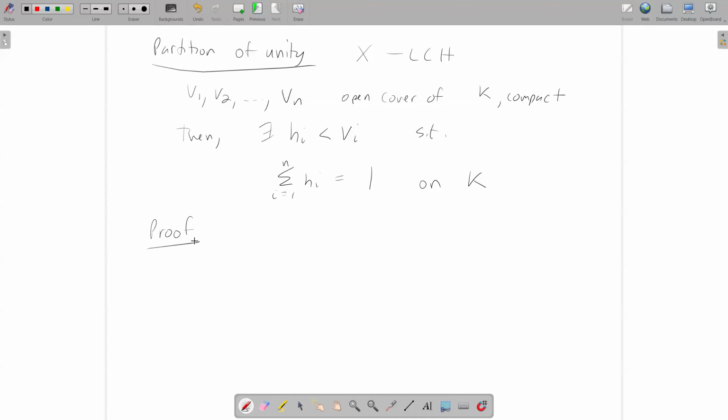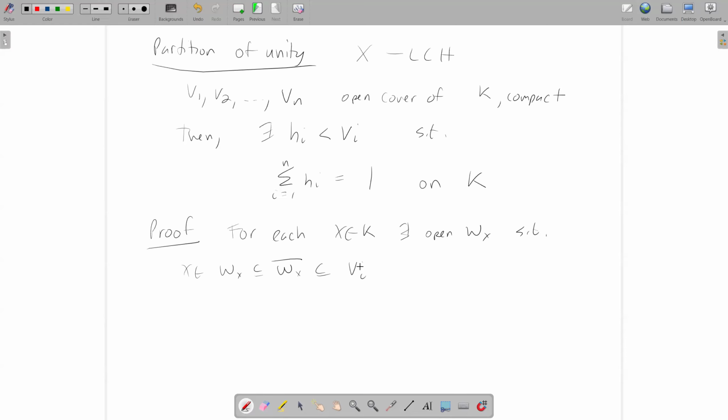So for each x in K, there exists open Wx such that x is in Wx, which is contained in the closure of Wx, which is contained in Vi.